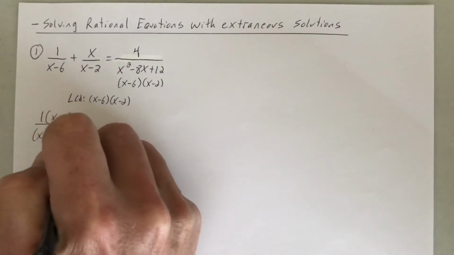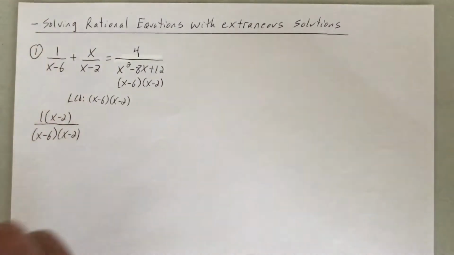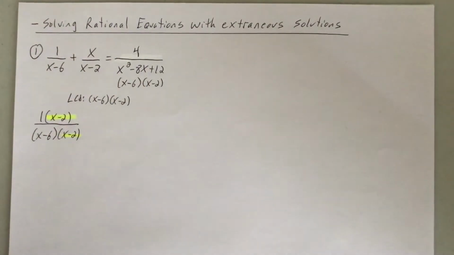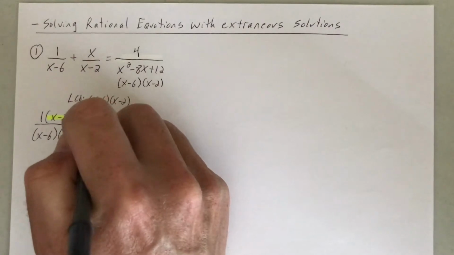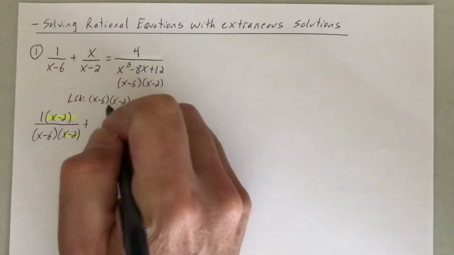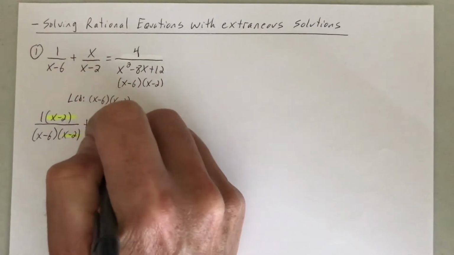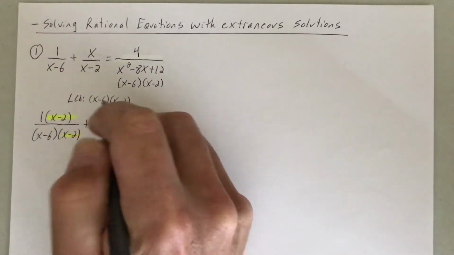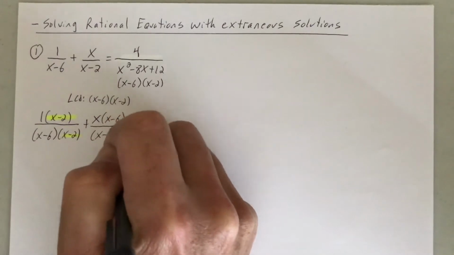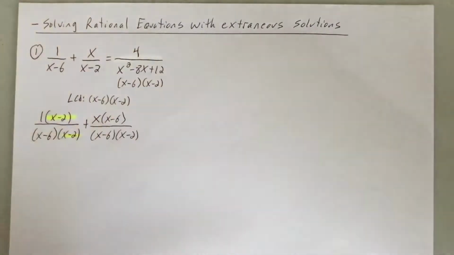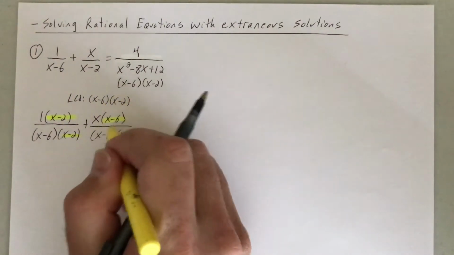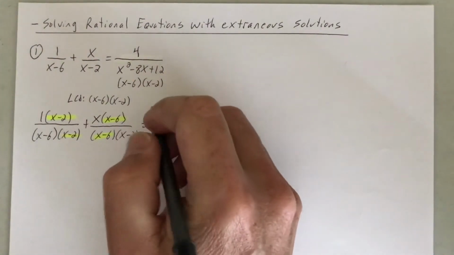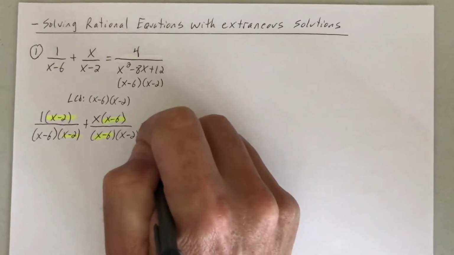And then in the bottom, you can see that this is where we had to correct. And then in the second, I already have the x minus 2, so I have to multiply it by the x minus 6. I already have the x up top, so x minus 6. So I corrected with the x minus 6. And then the last already has the least common denominator, so we don't have to correct for anything.